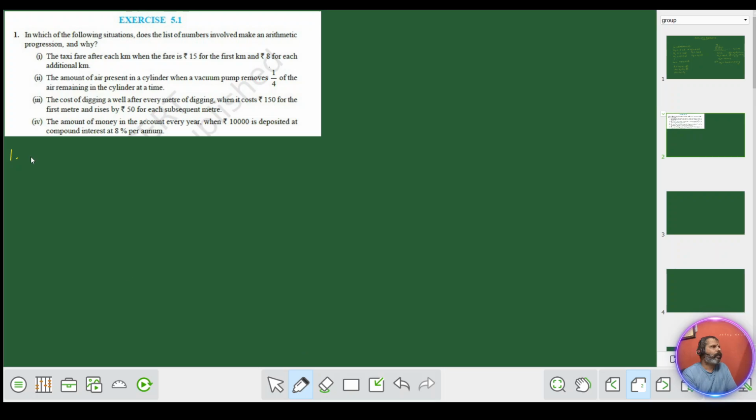The cost of digging a well after every meter of digging. It looks similar to the first question.